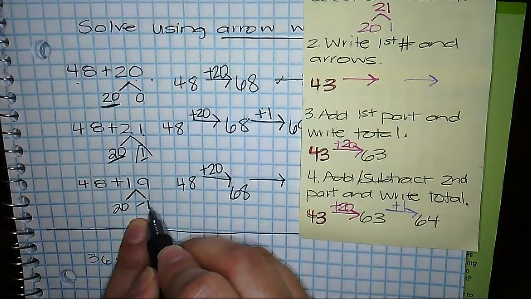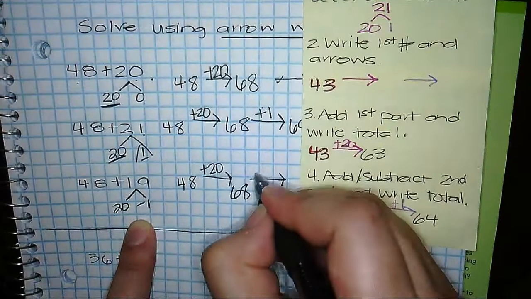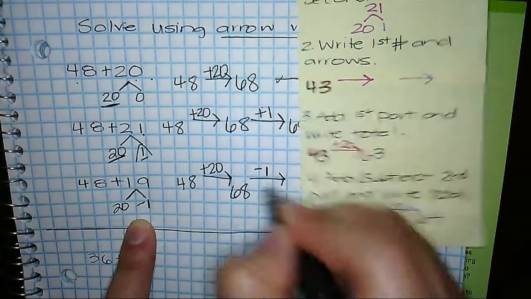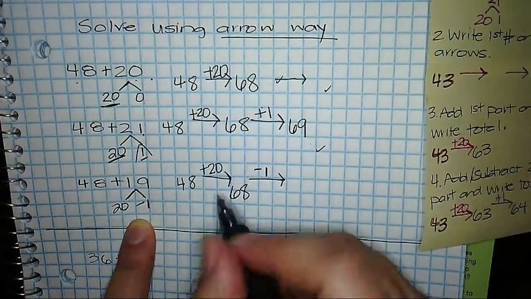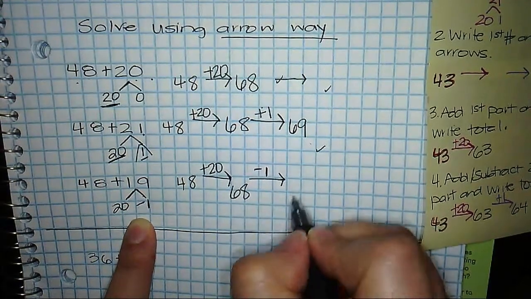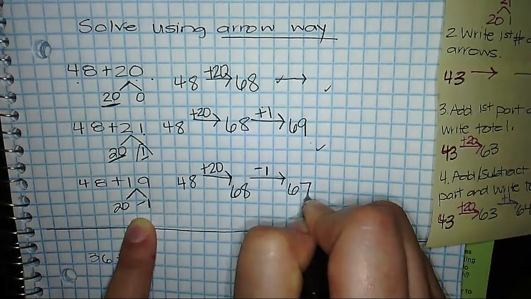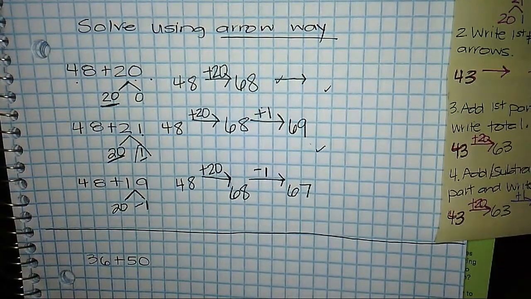Now, instead of adding, I'm going to take away, because remember, minus 1 less is going to give me the correct answer. So 68 minus 1 equals 67.